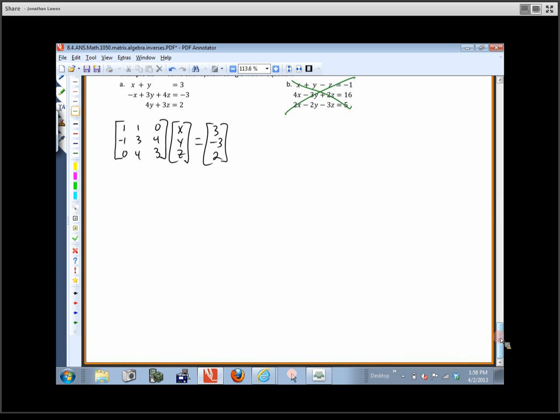Any questions there? Okay, here's what the answer is going to be. X, Y, Z is going to be equal to some inverse matrix times 3, negative 3, 2. So all we need to do is figure out what that inverse matrix is, multiply them, we've got the answer.